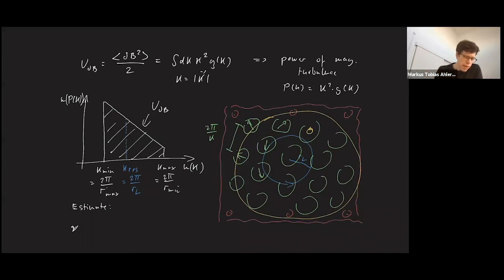I can approximate this with the length scale given by our problem, which is the Larmor radius, so this should go like 1 over R_L. Then it should be proportional to the relative energy density of my turbulence compared to the overall energy density of the magnetic field configuration.